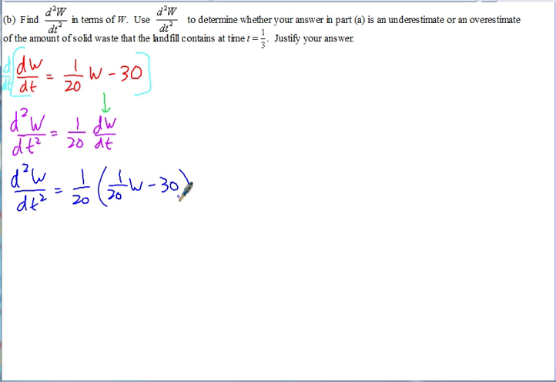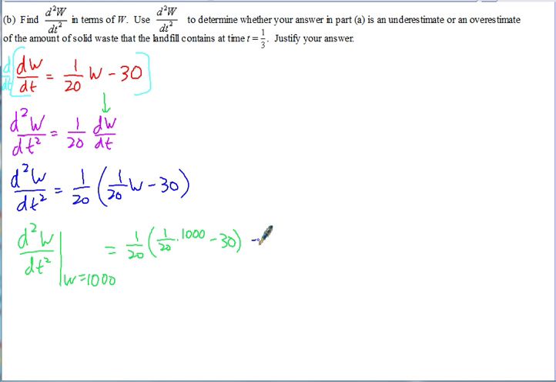And then all we have to do is figure out when w is 1,000 whether this is positive or negative. So the second derivative, specifically when w is 1,000, will be 1/20 times (1/20 times 1,000 minus 30).